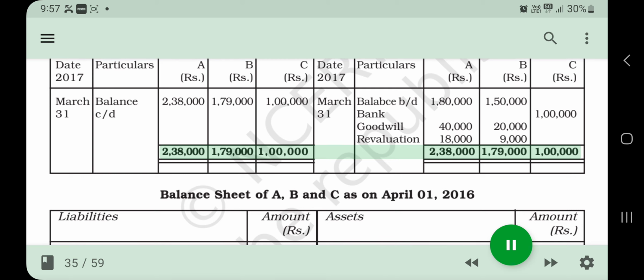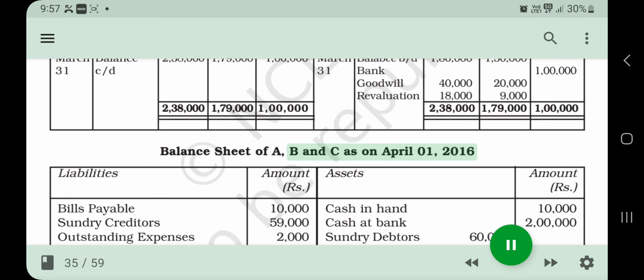Totals 238,000, 179,000, 100,000. Balance sheet of A, B and C as on April 1.